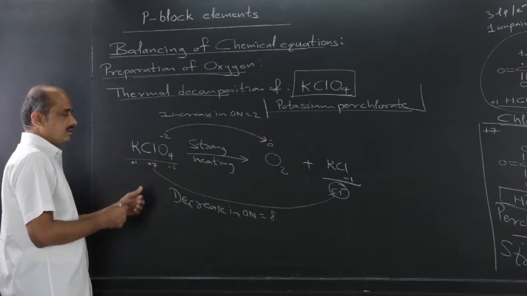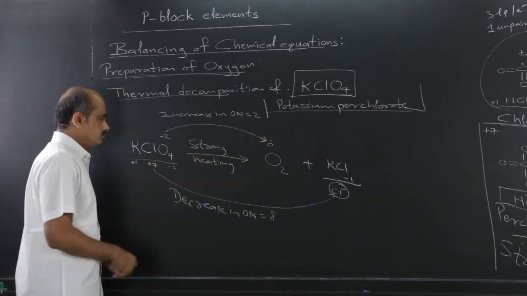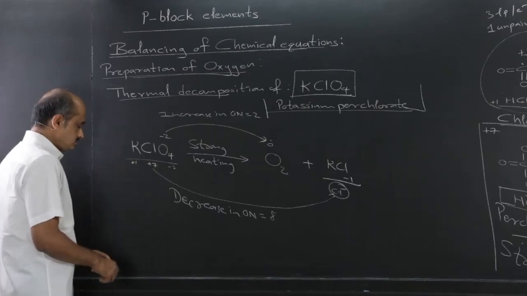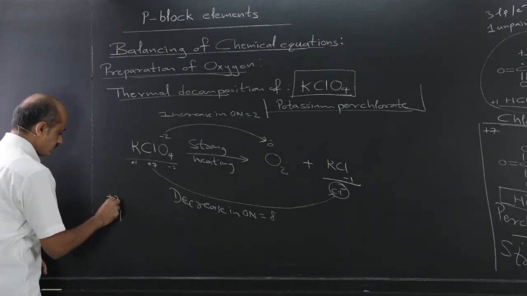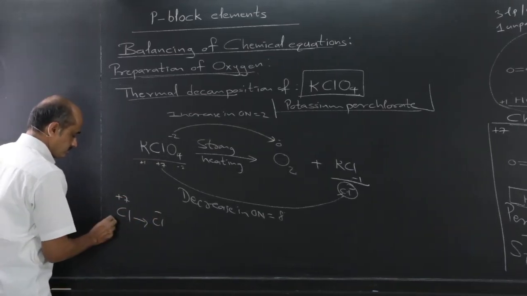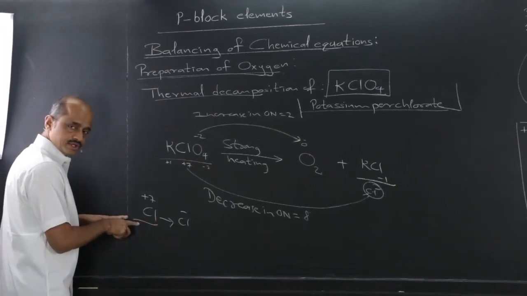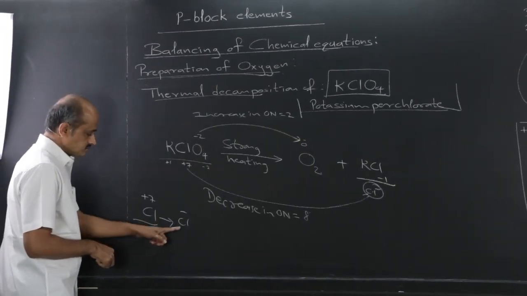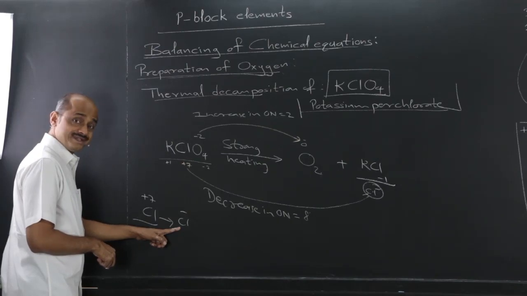For that, minus 2 changing to 0 should be 4 atoms. For 1 chlorine, plus 7 changing to minus 1, this comes from potassium perchlorate, this is from KCl.